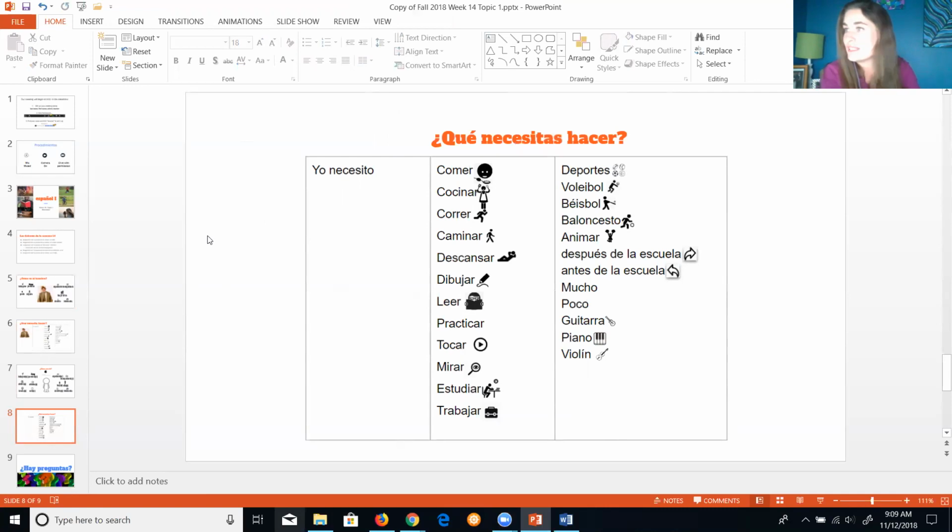Perfecto. Haley, yo necesito leer. I need to read. Muy bien. Andrew needs to run. Haley needs to read. Yo necesito leer también. Need sports, Caleb? Perfecto. You need to run a lot. You need to cook, Carmen. Very good. Devin needs to read. Fantástico. Healy needs some basketball. Guys, all those sentences are perfect. Y'all are doing a great job.